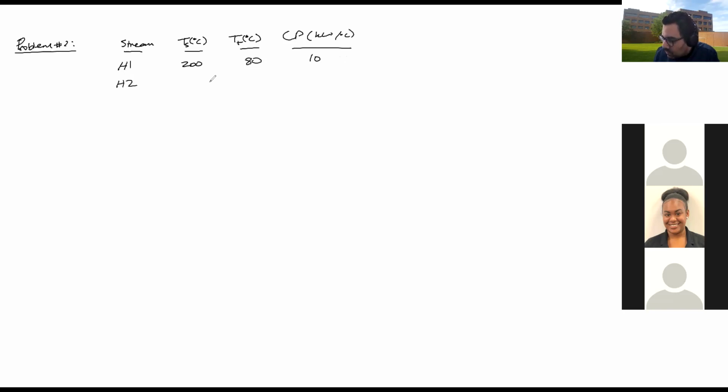H2 goes from 155 to 50, CP value is 20. H3 goes from 90 to 35, and sorry, the CP value was 40. And then I have two cold streams. First cold stream goes from 60 to 100, CP value is 30, and the second cold stream goes from 35 to 90.